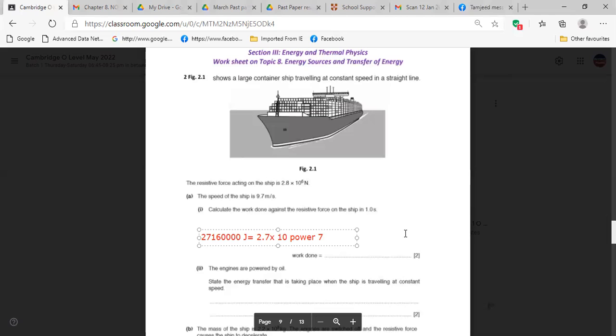Sir, the 16 goes away. That doesn't matter for two significant figures. We are writing the answer in two significant figures. Or you can write in three significant figures like this, 2.72.